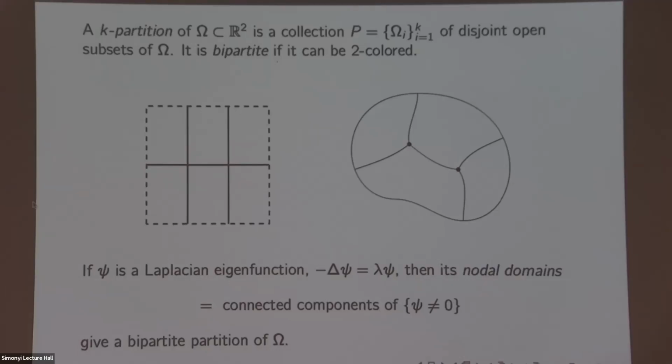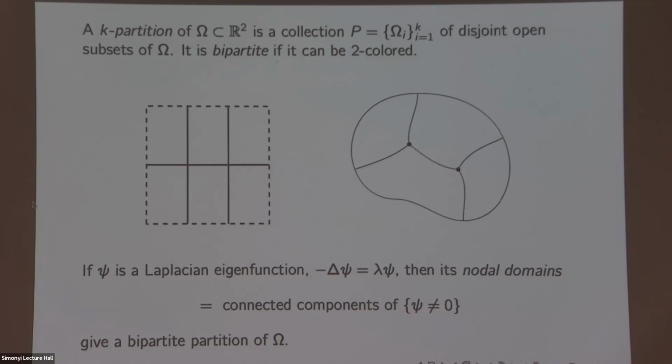So an important example of a partition is if I take an eigenfunction for the Laplacian on my domain omega and look at its nodal domains. Those are just the connected sets where my eigenfunction is non-zero, so either strictly positive or strictly negative. Those partition my domain into disjoint open sets.